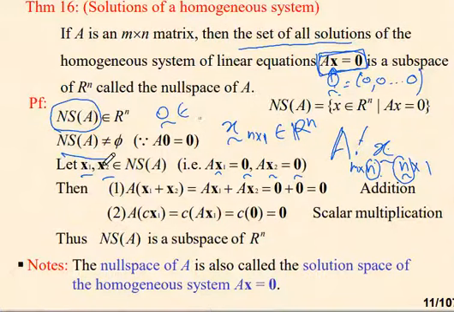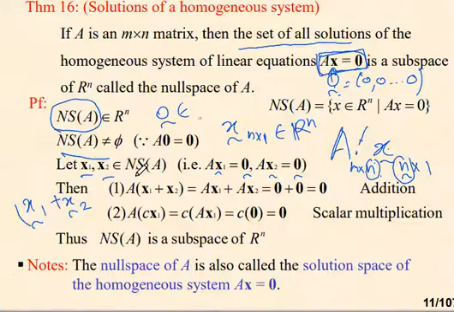Okay, let's add these two, you get x1 plus x2. We have to show this is also a solution to this homogeneous system.